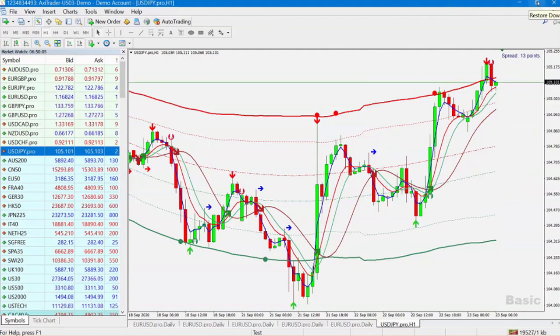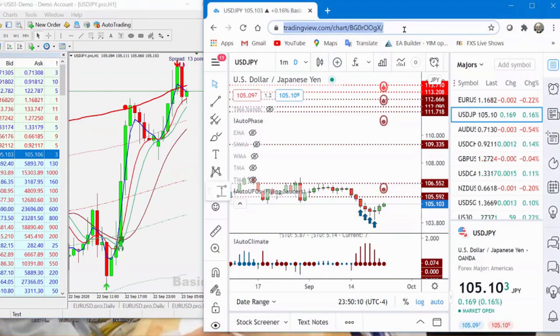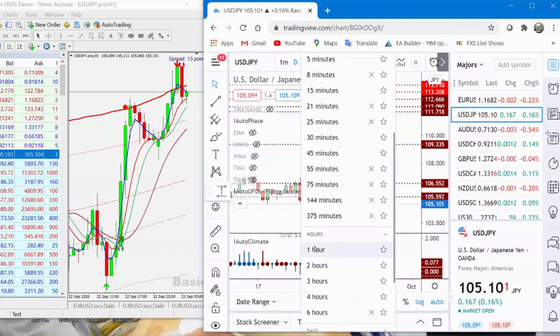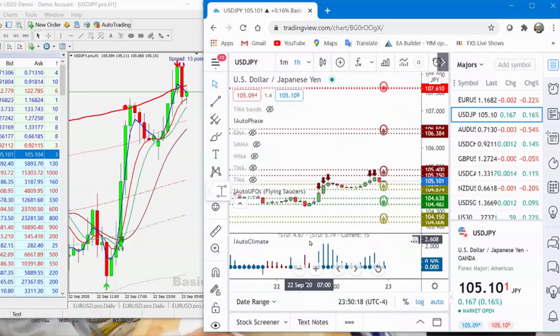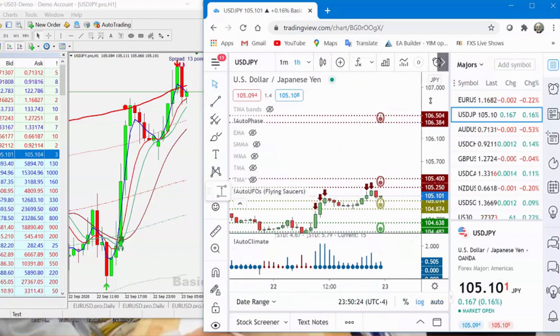Going to TradingView, and we're going to change this now from daily to 1 hour. All right, open this up. Whoops.